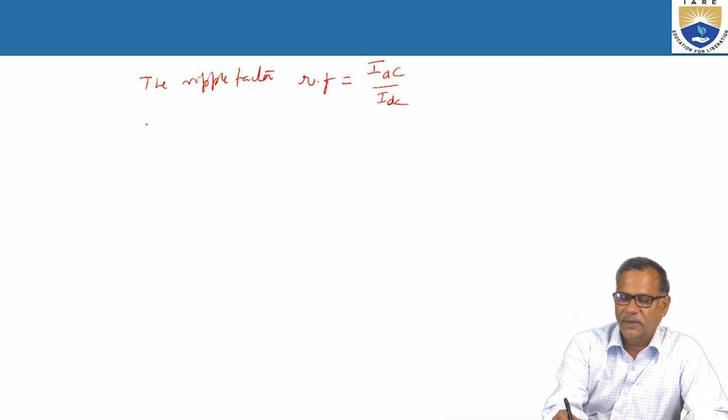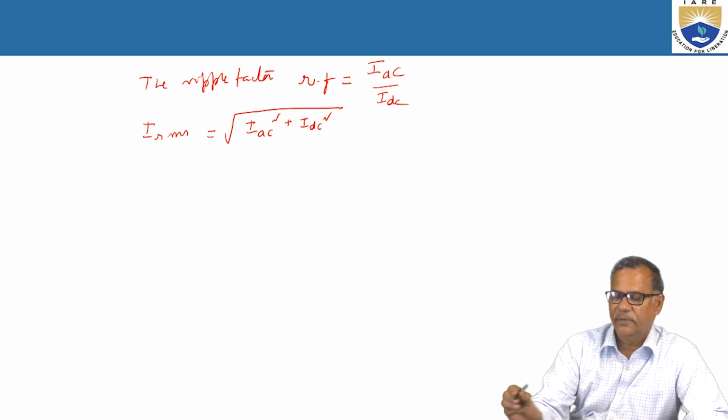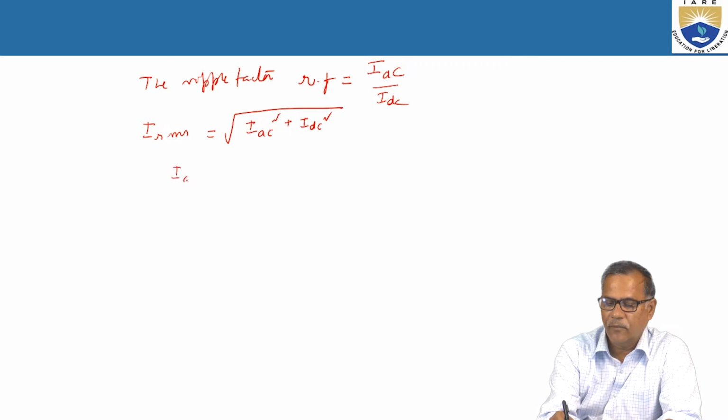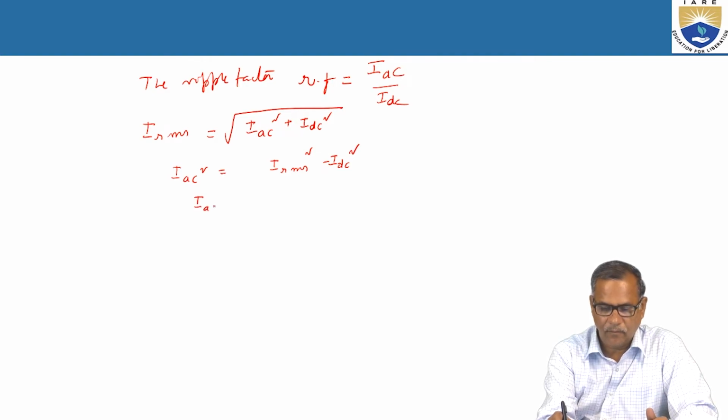So what is IRMS? You know that IRMS square is equal to IAC square plus IDC square. From this, IAC square is equal to IRMS square minus IDC square. So IAC is equal to root of IRMS square minus IDC square.